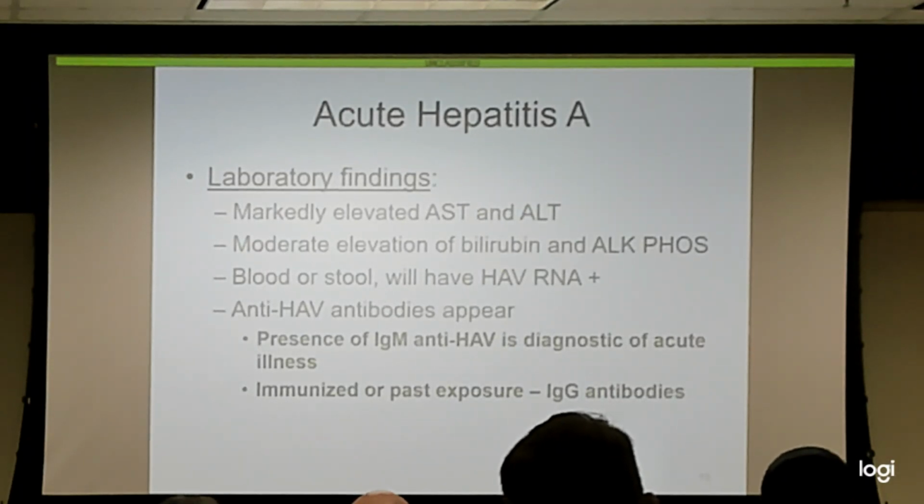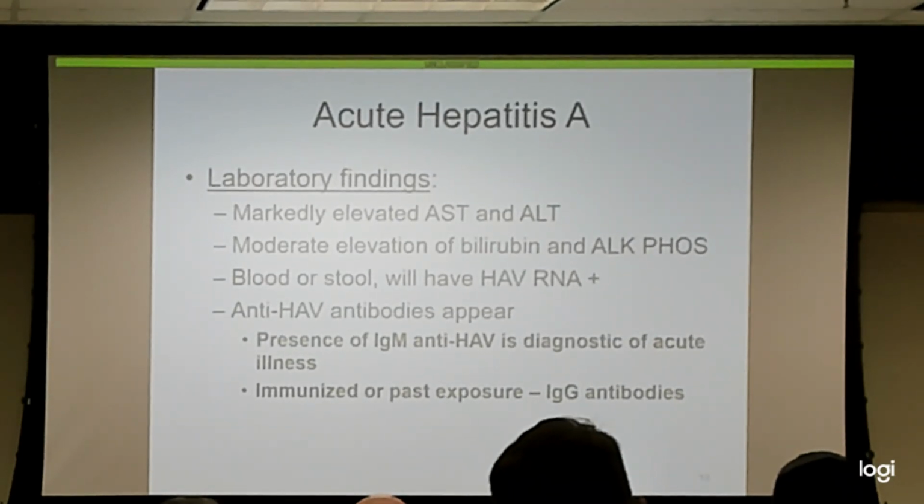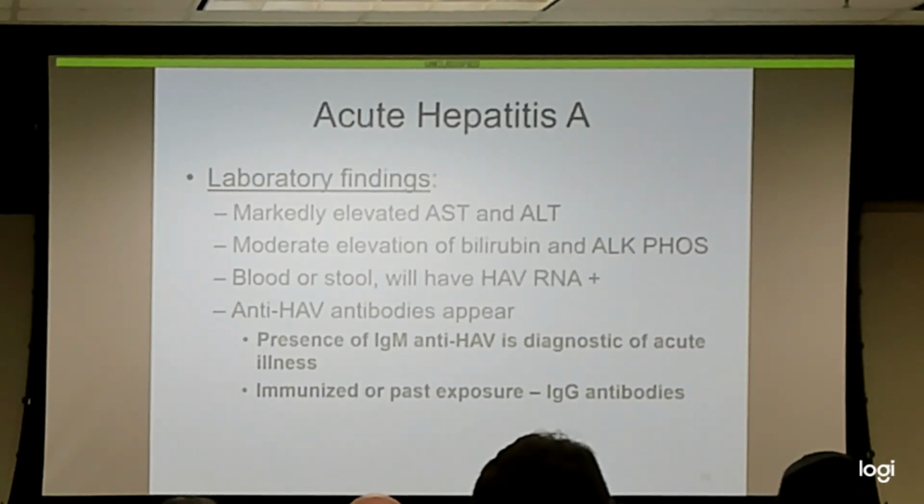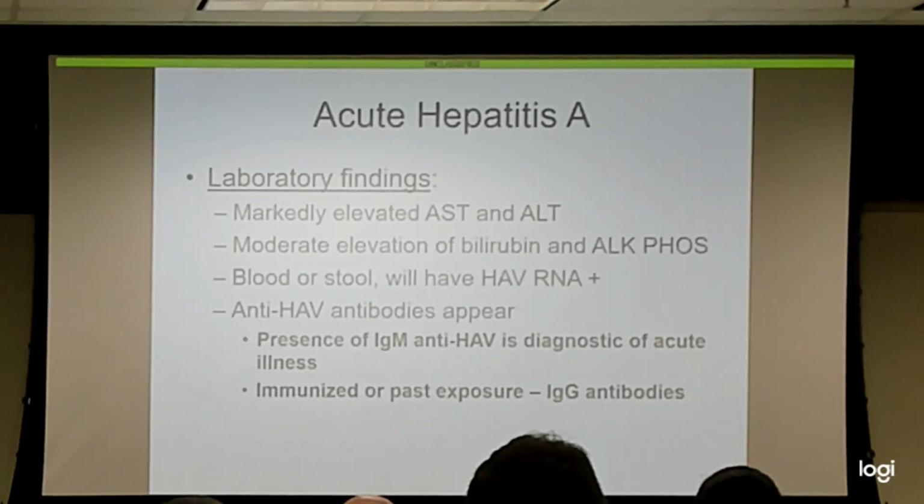So the laboratory findings: markedly elevated AST and ALT, so your LFTs are high. Moderate elevation of bilirubin and alk-phos, because I've got some damage there, so it's not going into the biliary system. Blood or stool will be HAV RNA positive.